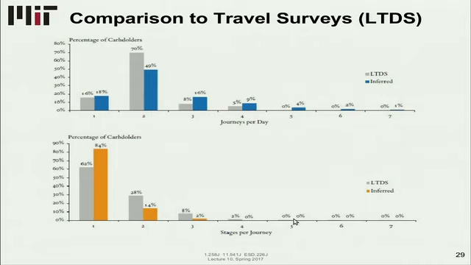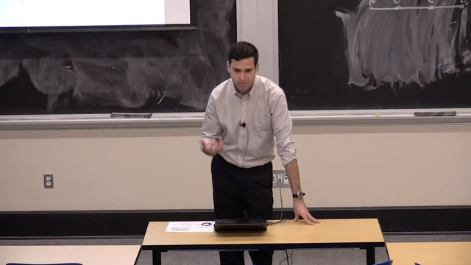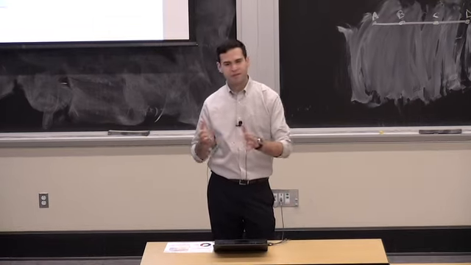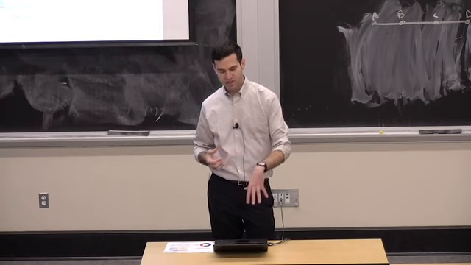But if you look at two or more, a similar pattern emerges where people might be reporting two, and in fact, it might have been more or less, right? So in this case, the bias is towards fewer, so more direct trips on the inferred side versus the questionnaire side. Okay? So it didn't validate perfectly, but there were some known issues with LTDS.